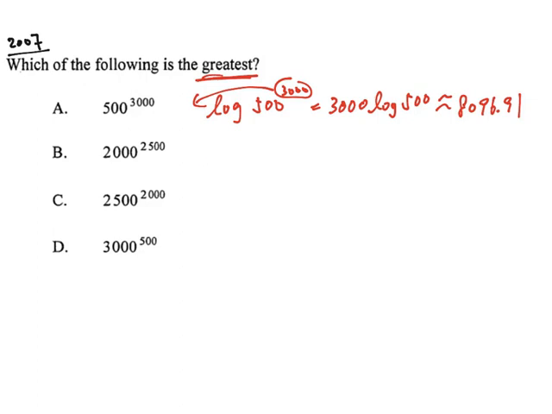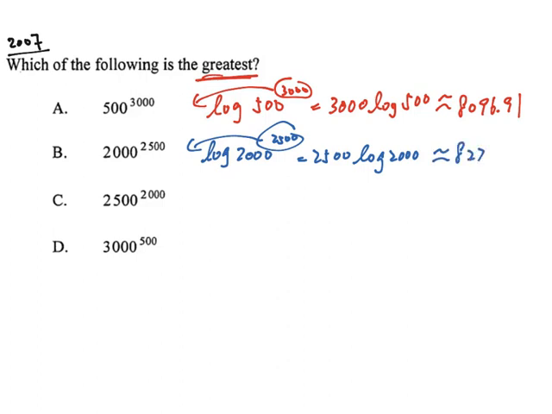Same for the B. We take log. And then this one move to the front. So it becomes 2500 log 2000. Then you press the calculator. Then you can find this one. And same for C. So this one move to the front.